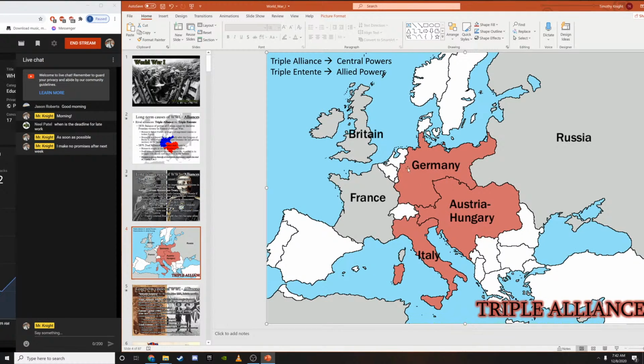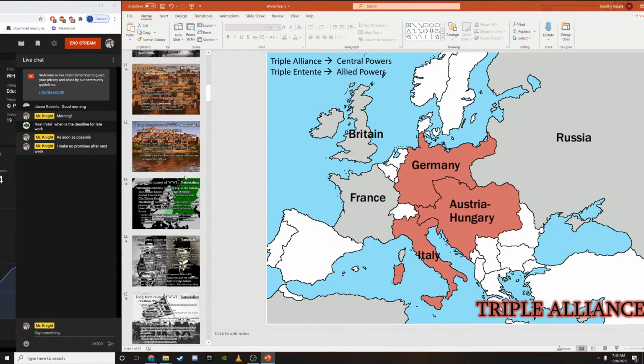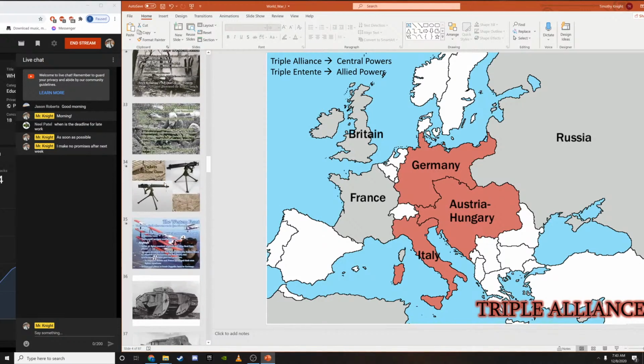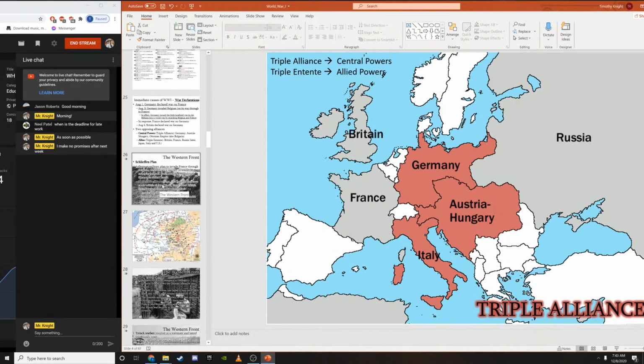Italy had been in the Triple Alliance, but when the war begins, Italy switches sides because of a few different reasons, but mostly because they felt that Germany was being overly aggressive in stoking this conflict. And so Italy changes sides when the war begins and is no longer part of the Central Powers.